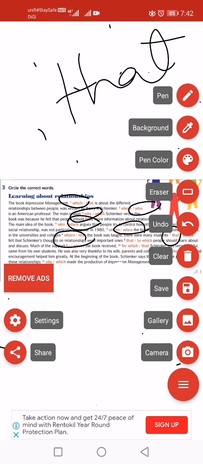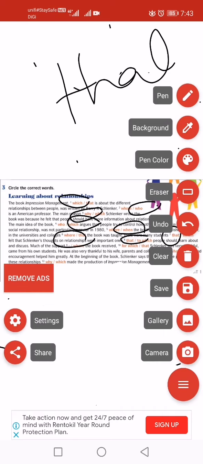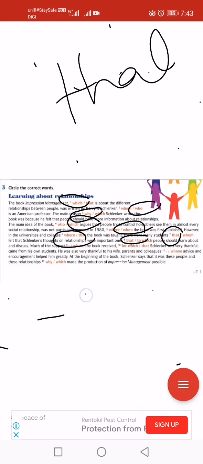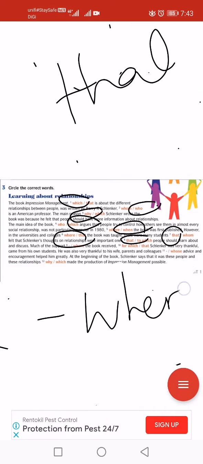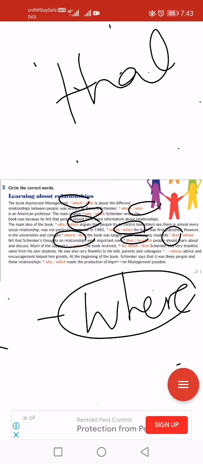Circle properly because down there. Okay, that people should learn about and discuss about. Much of the support. Okay, much of the support is either this or where. Okay, remember this one can omit one. Okay, this one can throw away, because the where is talking about the book.